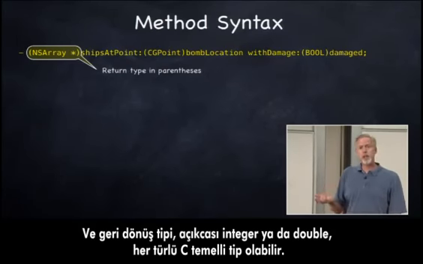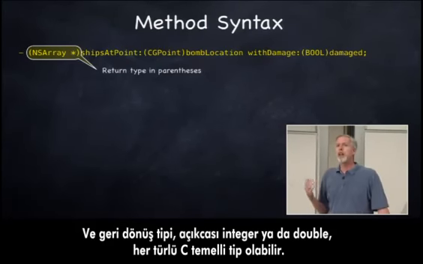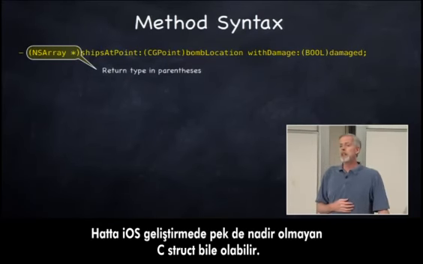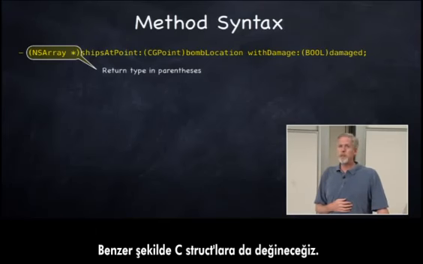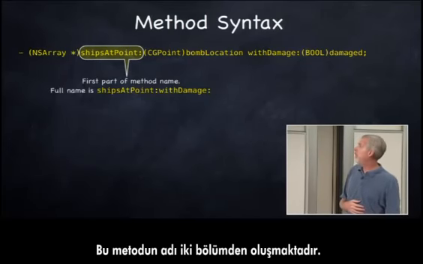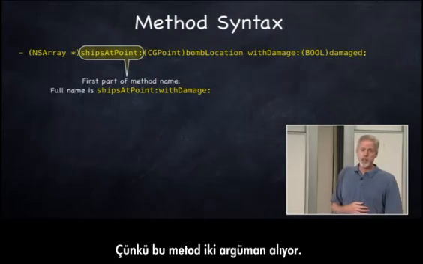Okay, so that's return. And the return type obviously can be int or double, any C primitive type. It can even be a C struct, which is not uncommon in iOS development, to be passing C structs around as well. So this is the name of this method. This is a two-part name, because this method takes two arguments.